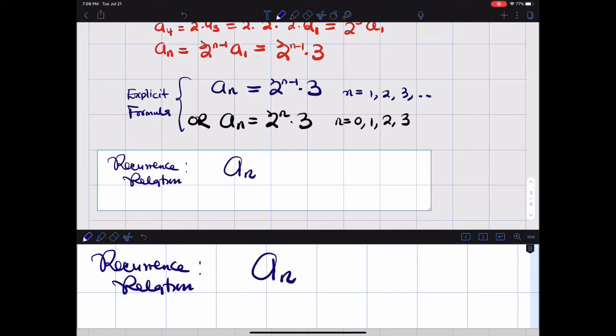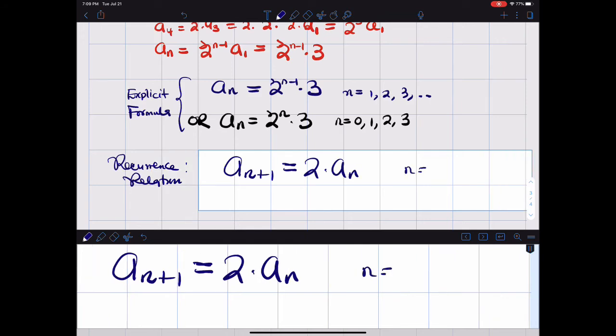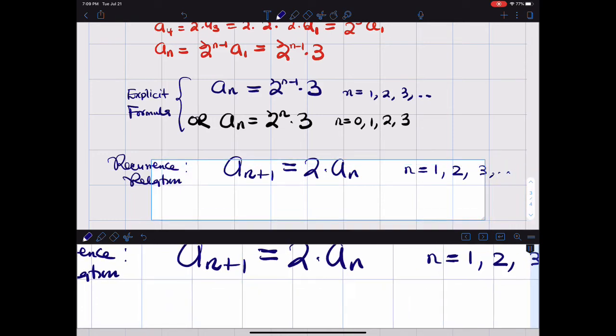You can just say a_(n+1) is equal to 2 times a_n, for n starting at 1, 2, 3, going. But whenever you have a recurrence relation, you always have to define the initial term. In this case, our a1 is 3.